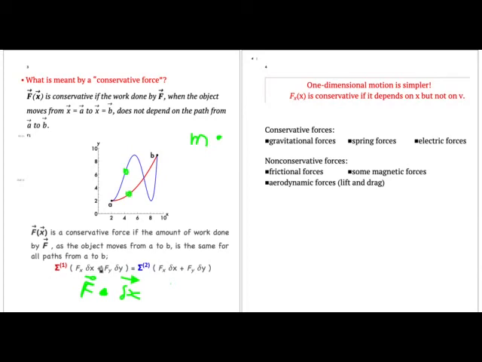The final answer for the work done in moving from A to B does not depend on the path from A to B. It's the same for any 2 paths that go from A to B, or any of the infinite number of paths that go from A to B. That's what's known or called a conservative force.